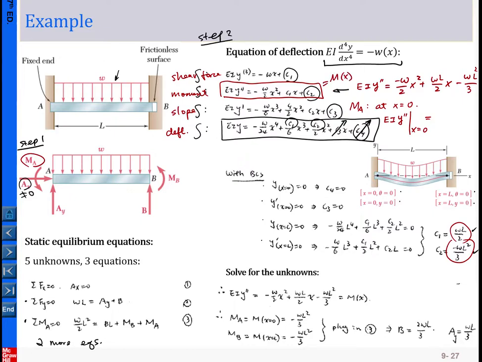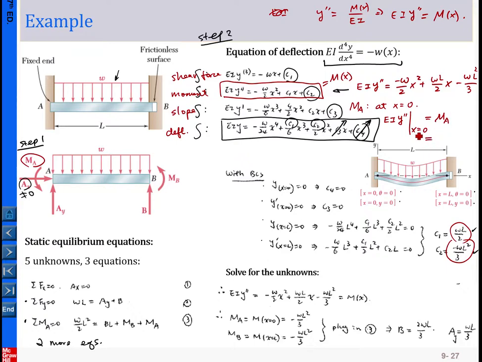Because we know that EI y double prime is equal to M of x. So this is basically M of x, and this is the MA.